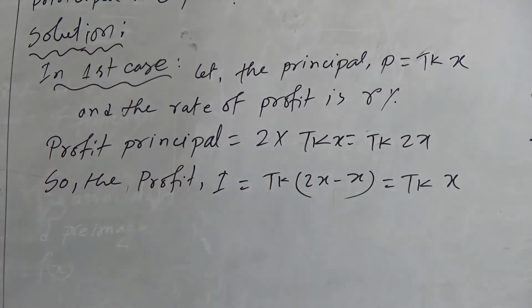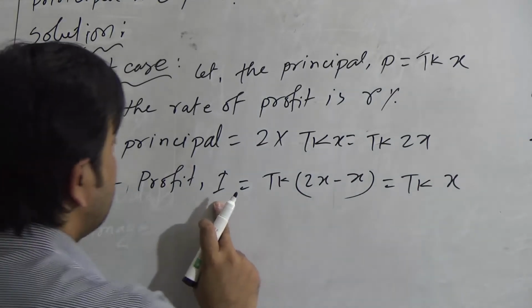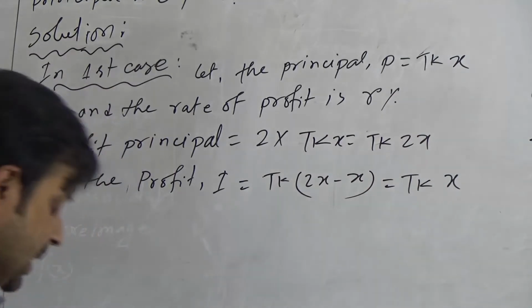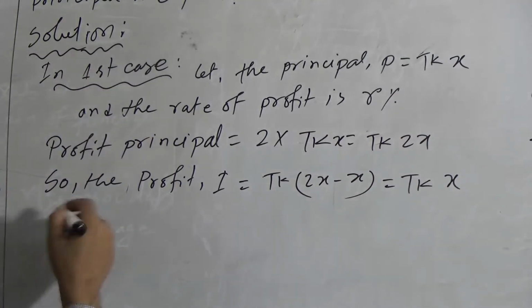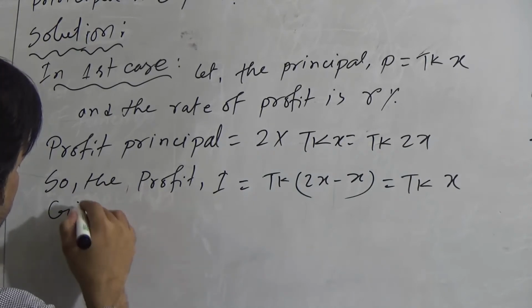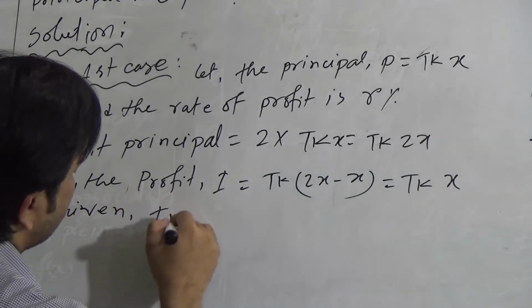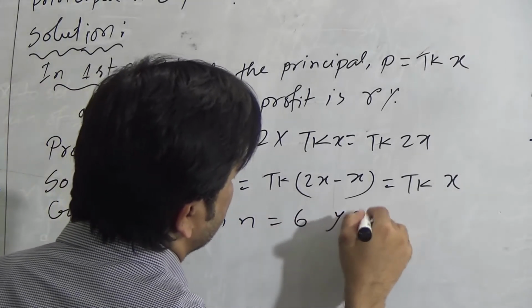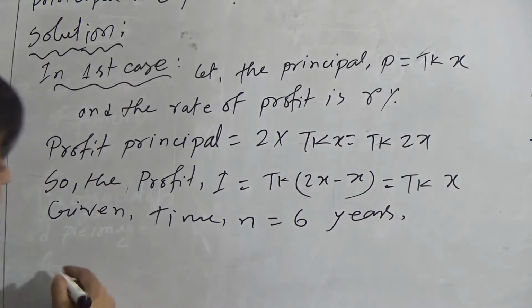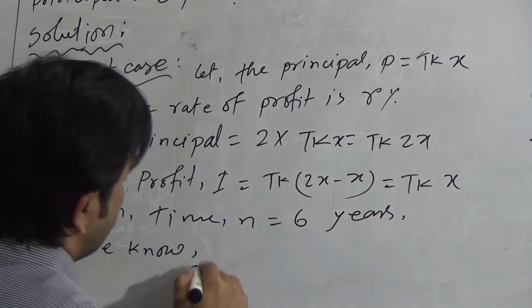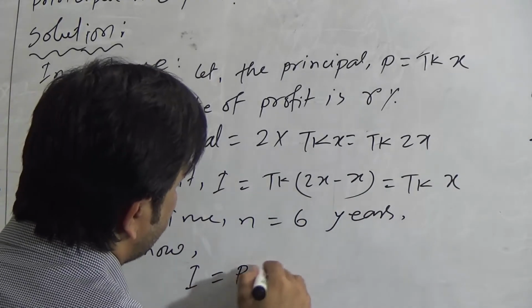So we now have I, we have P, and we have taken the rate of profit is R, and time is given, n equal to 6 years. So we know I equal to PRN.